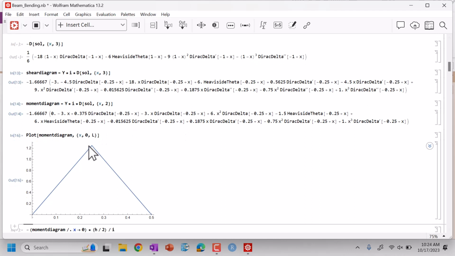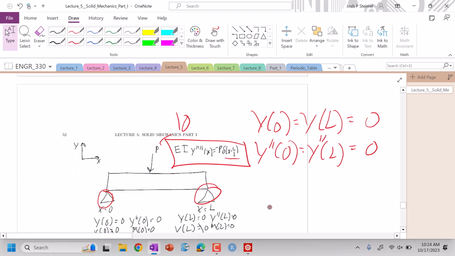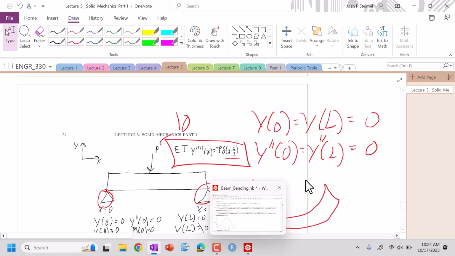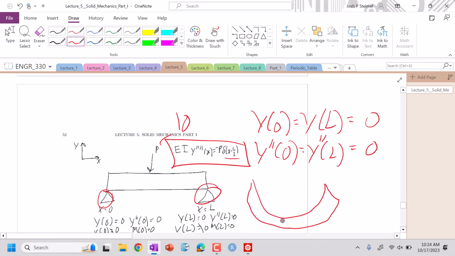So our moment is maximized right there at that center. Makes sense, we're bending. Also, it makes sense that it's positive, right? If we look at that, when we bend this beam, it's going to look like this. So positive moment. Nice.